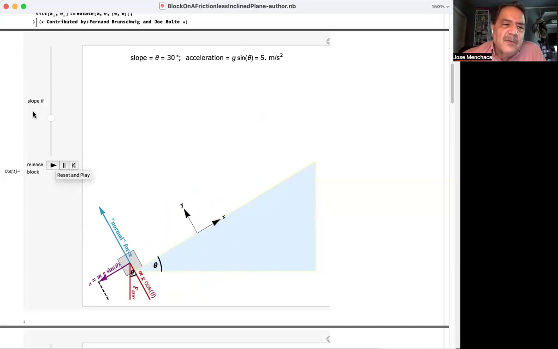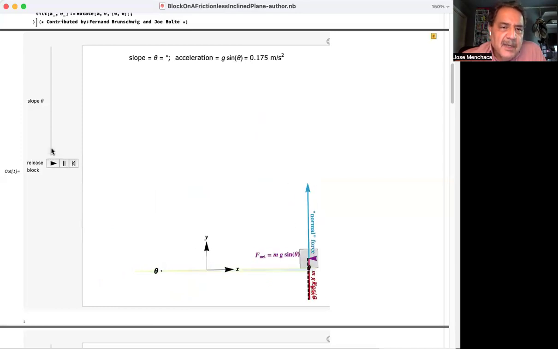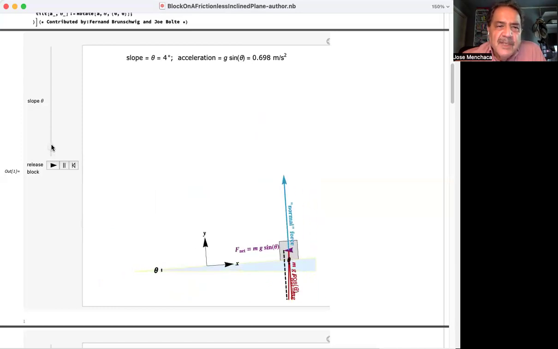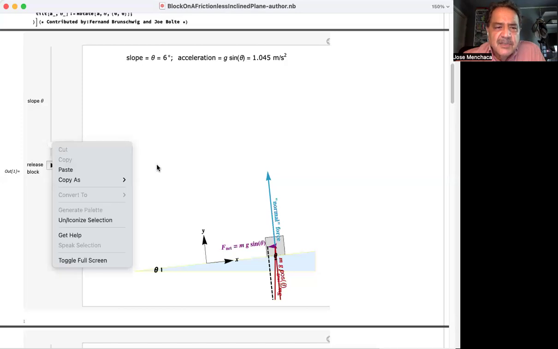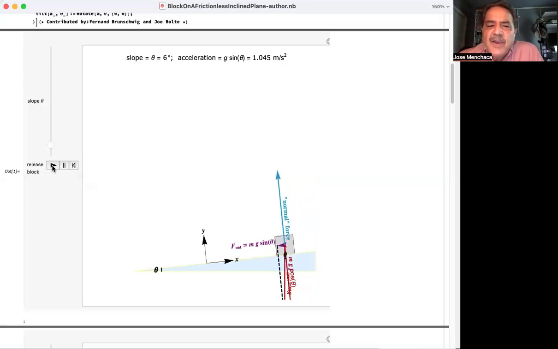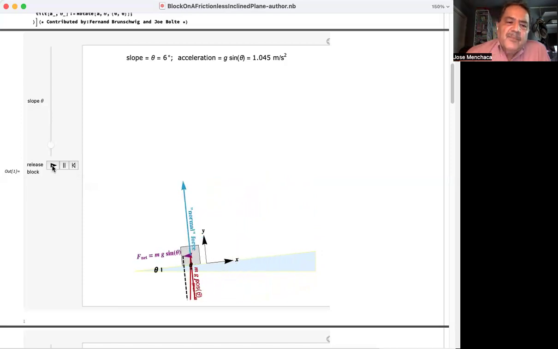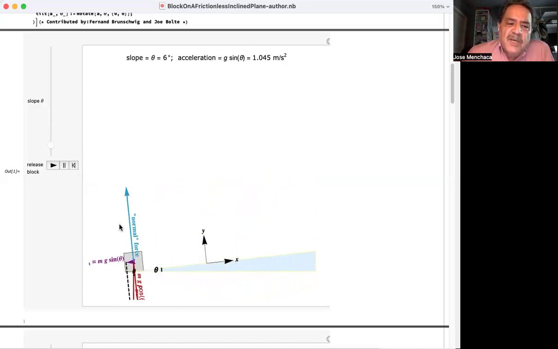If we take the angle way down, let's just make it something like 5 degrees, oh, there's 6, that's good enough. You can see that the acceleration is very, very slow because the component of acceleration parallel to the plane is very, very small.